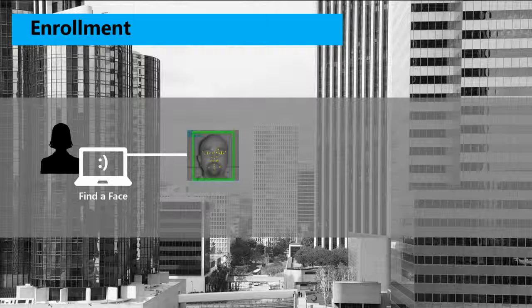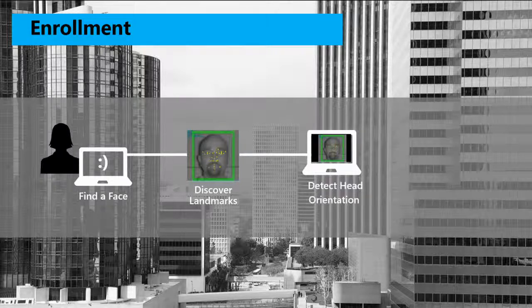Those landmarks that we're finding are also something that we use when we're trying to figure out your head location or head orientation. So if you love to move around too much, like I do, the camera will say, okay, look at the camera, please. I can't see what you're doing.